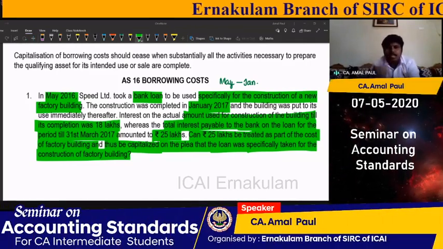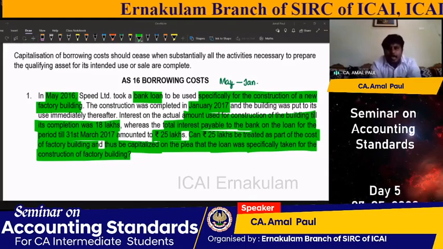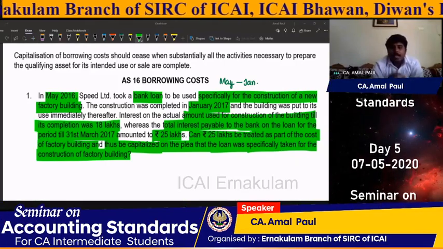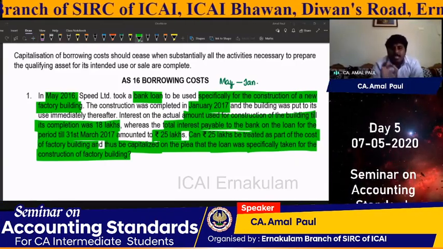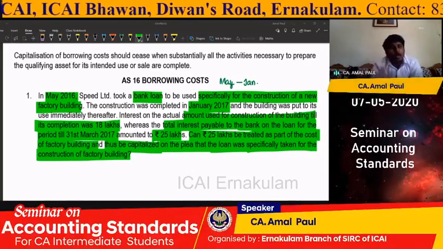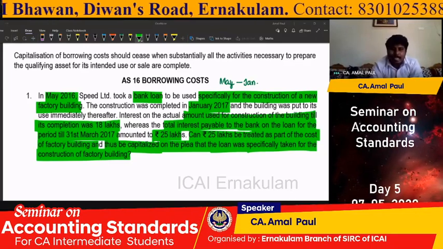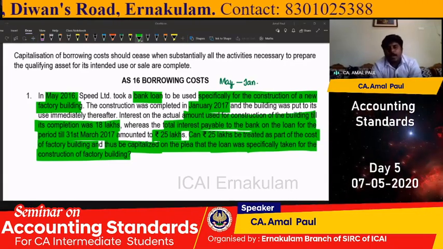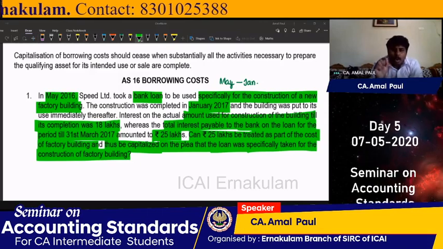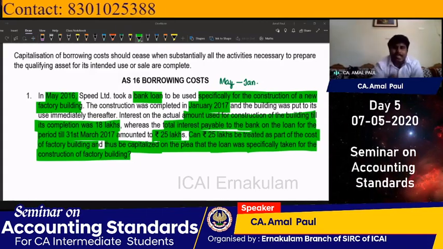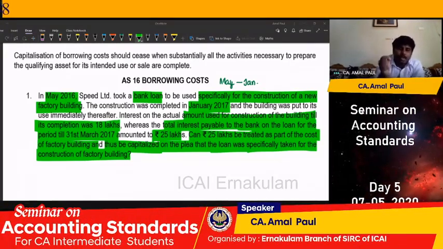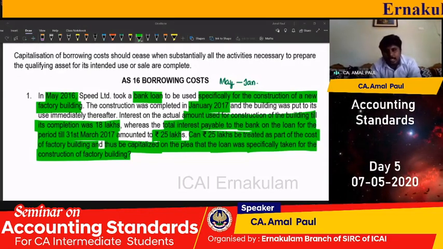So what you will do in this case is first write, as per AS 16 Borrowing Costs, the borrowing costs incurred directly in relation to acquisition, construction, or production of a qualifying asset can be capitalized as part of the cost of the asset. As per the standard, a qualifying asset means an asset that necessarily takes a substantial period of time to get ready for its intended use or sale.